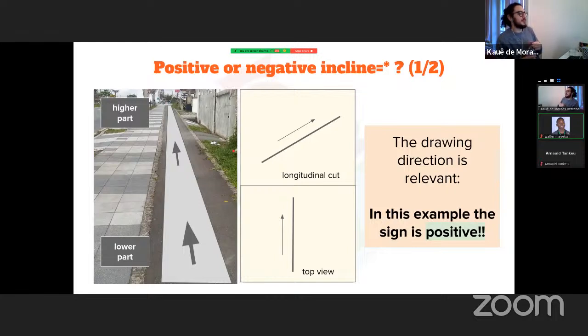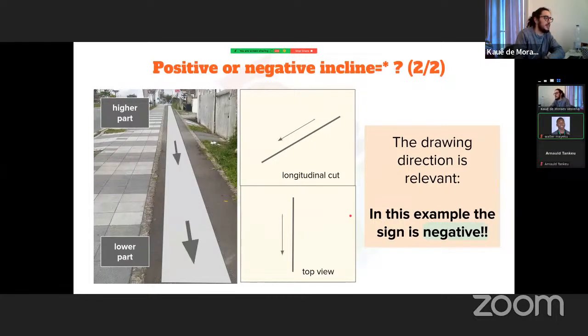But if we do it the other way, going from the higher part to the lower part, we will have a negative incline, because for the computer you are always going in the direction of the drawing, okay? So in the direction of the drawing, the slope is positive, and in the other case, the slope is negative, okay?